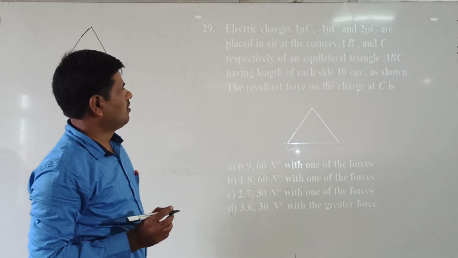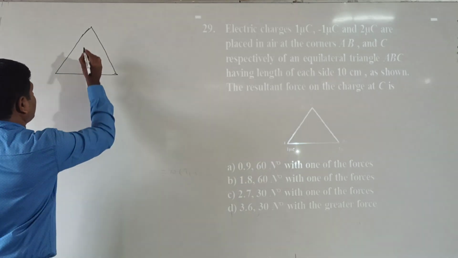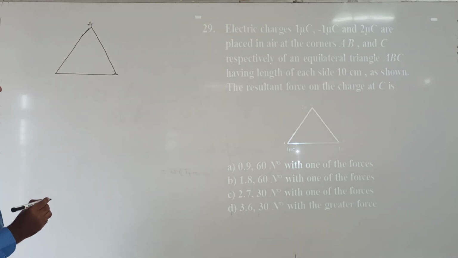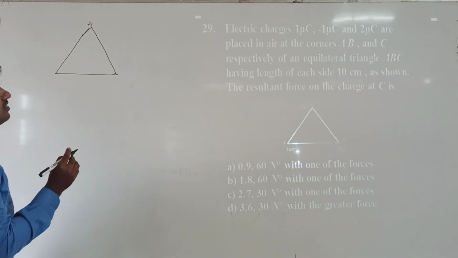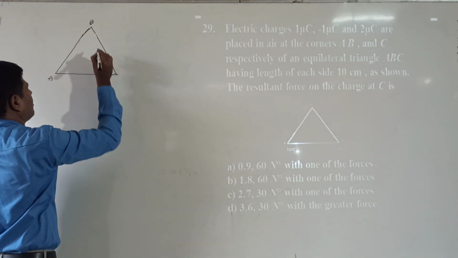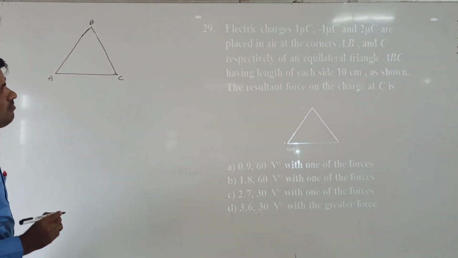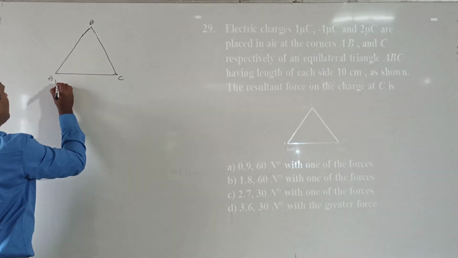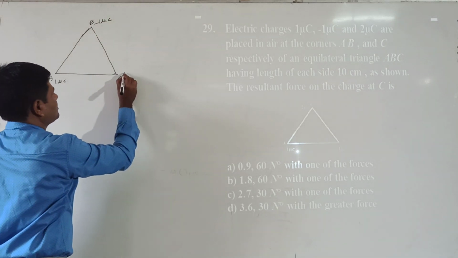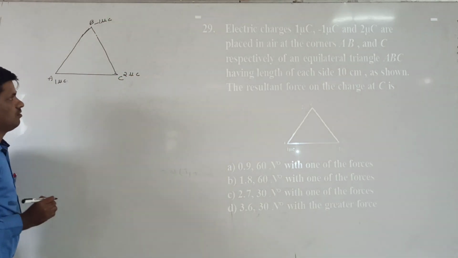I take this as A, this is B, and this is C. At A I place 1 microcoulomb, at B minus 1 microcoulomb, and at C 2 microcoulomb.